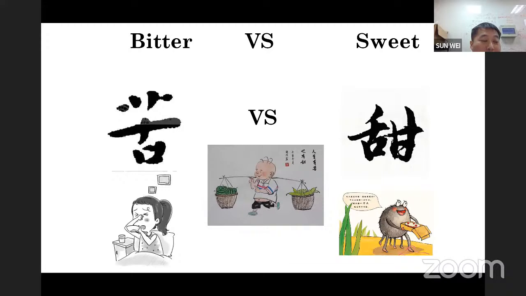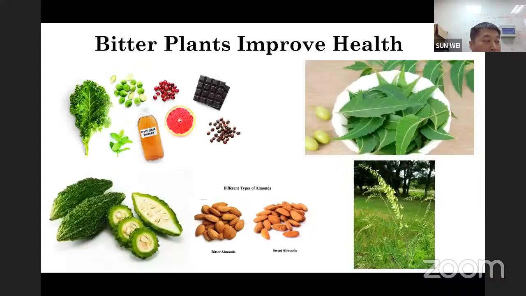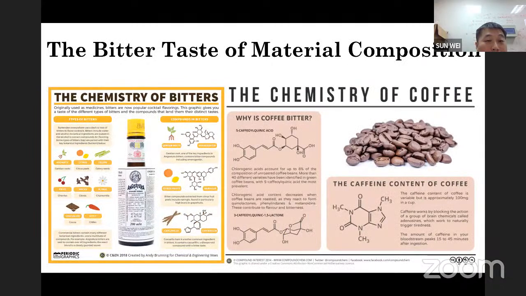Therefore, my interest is to understand the molecular formation mechanism of the bitter substances and the sweet substances. There are many plants that can produce bitter ingredients, including vegetables, fruits, nuts, and medicinal plants. These plants produce a variety of compounds that taste bitter.